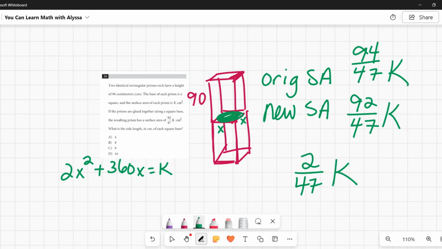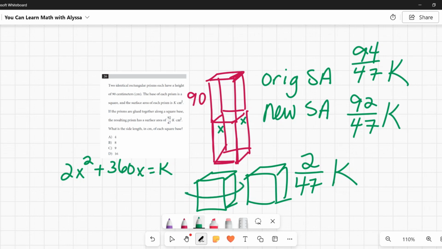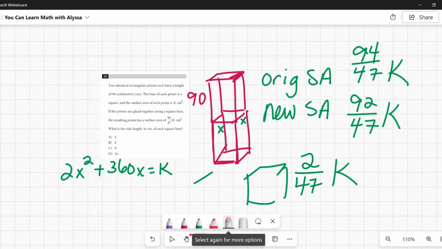Because when they were separate, when we had the two separate rectangular prisms, we had 4 sides on each of them, so 8 sides total, and then we had 1, 2, 3, 4 squares. Well, now we still have the 4 sides, we have those 8 sides total, but we only have 2 squares, not 4. 2 of those squares have vanished.